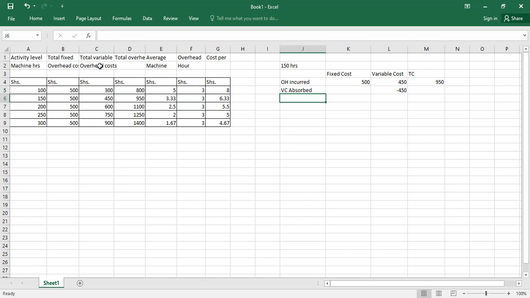Then we look at the fixed overhead that was absorbed, right? What's the fixed overhead absorbed?